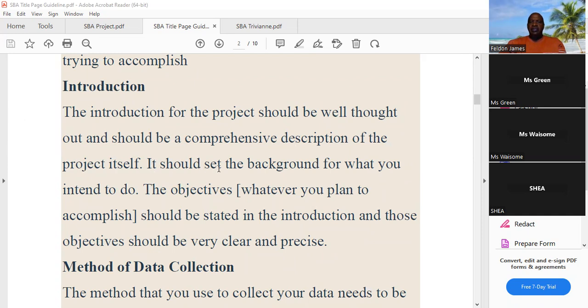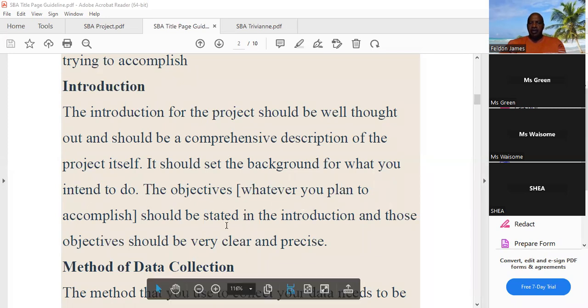It should set the background for what you intend to do. It should point out the objectives you are trying to accomplish. Whatever you plan to accomplish from the experiment, you should list those. What is it that you're trying to find out, your objectives? These should be stated in the introduction as well.